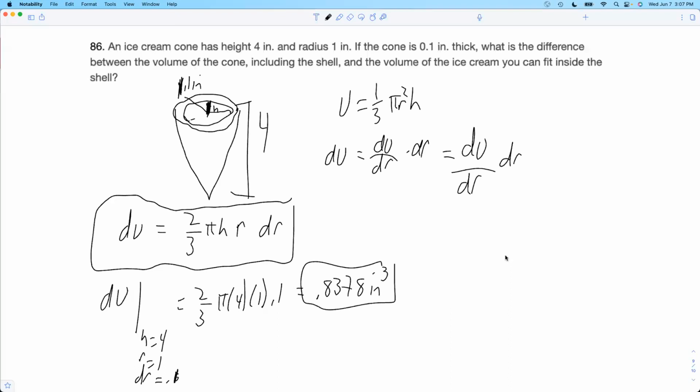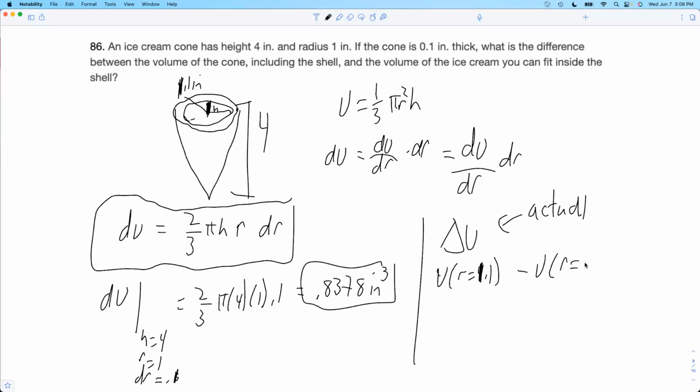Let's find the actual, the delta V. This would be actual. You're going to have homework questions that ask you to find dV and delta V. These are, you find two different Y values and you subtract them. Here you take the derivative times your change. So this would be V at R equals 1.1 minus V when R equals 1.